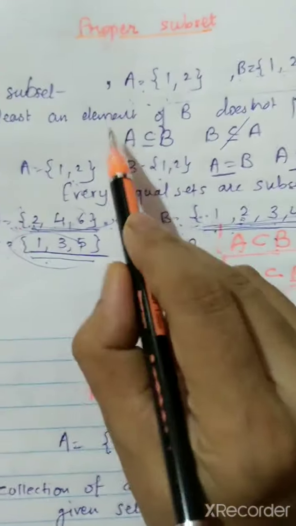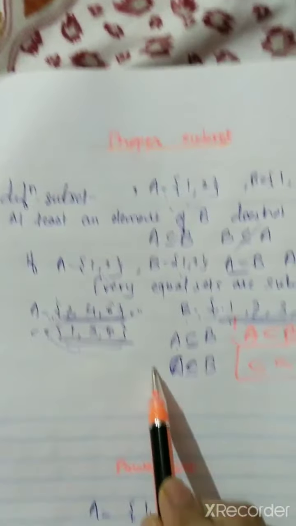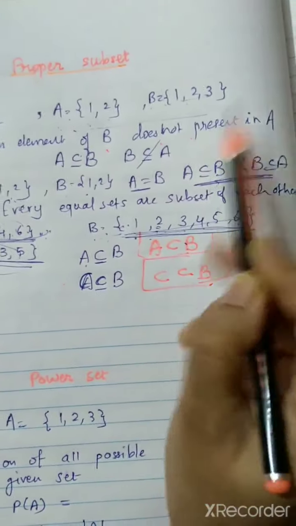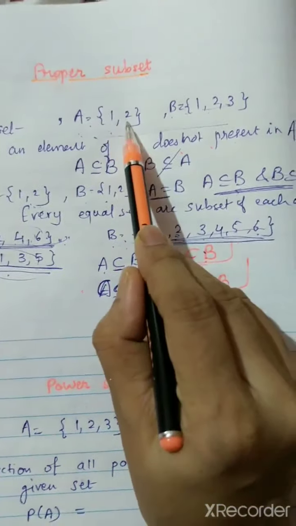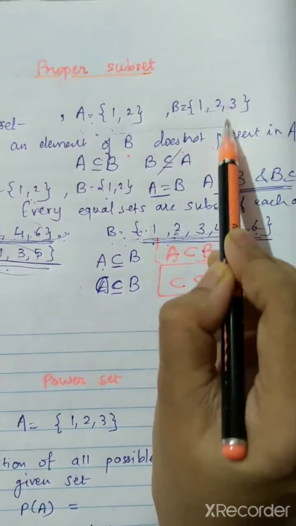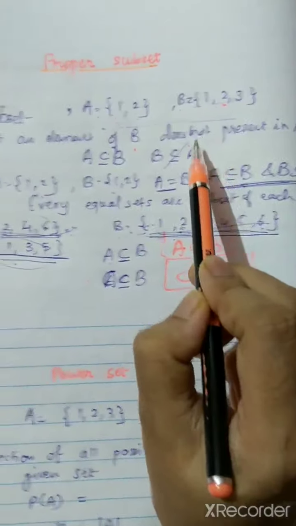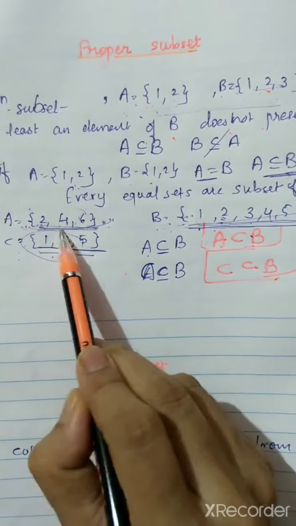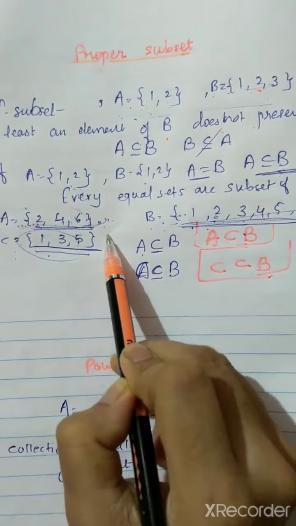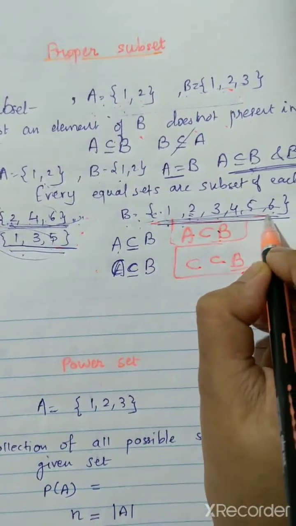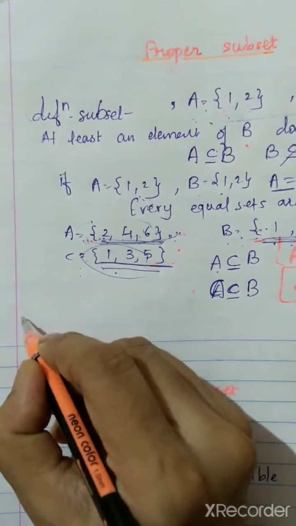Understood? What is the difference between subset and proper subset? Subset is what? At least an element of one does not present in another. मतलब A में 1, 2 है, B में 1, 2, 3 है, तो 3 नहीं है, मतलब A is subset of B. That's fine. Here we don't have any relation, but here 2, 4, 6 all even numbers, here all odd numbers. Okay, and this is just a set of numbers.